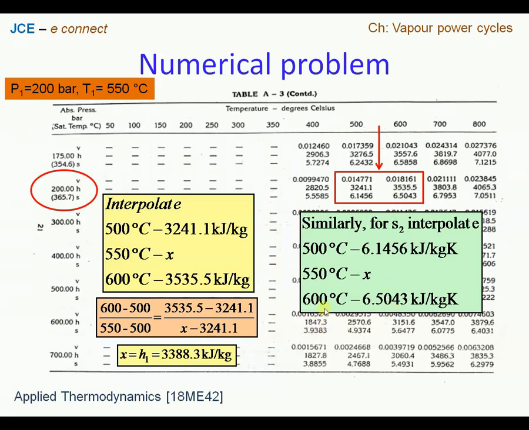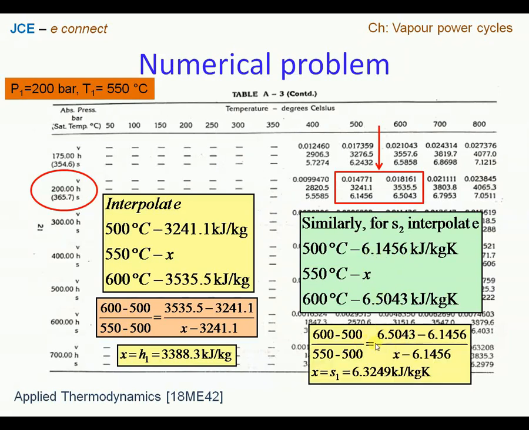Now we formulate: 600 minus 500 divided by 550 minus 500 is equal to 6.5043 minus 6.1456 kilojoule per kg Kelvin divided by X minus 6.1456.